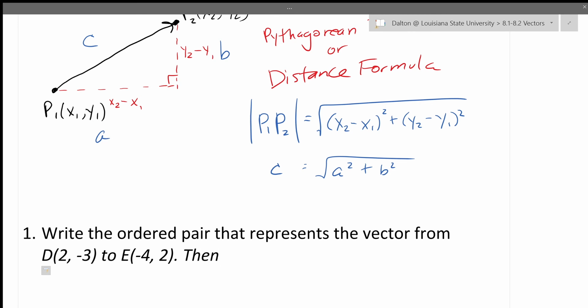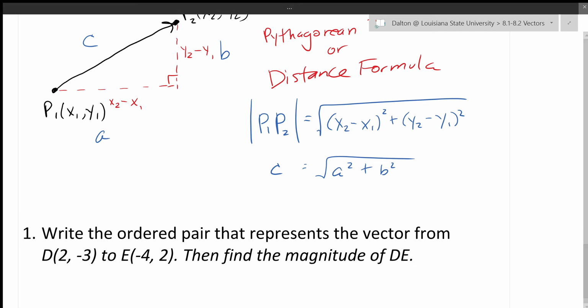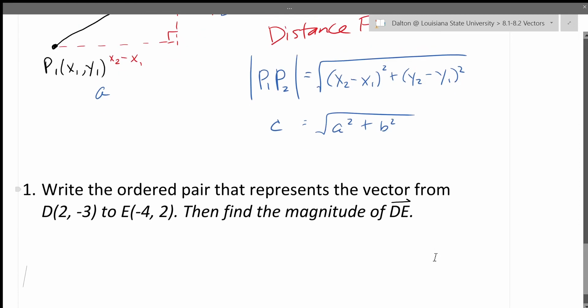Then find the magnitude of vector DE. So again, make sure you're using vector symbols where I am anytime we're denoting a vector.